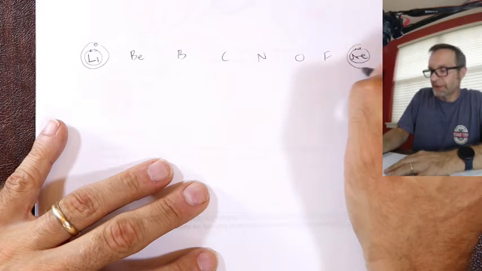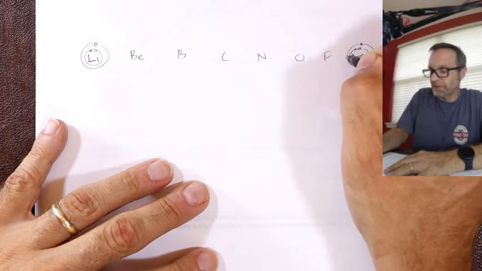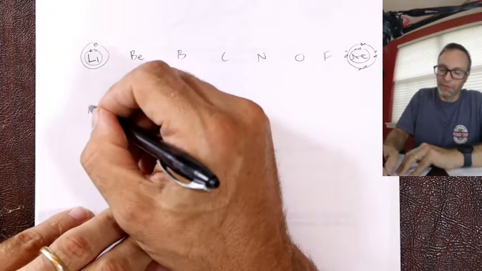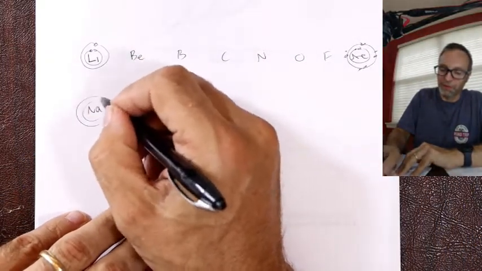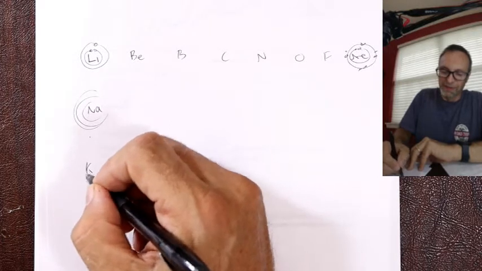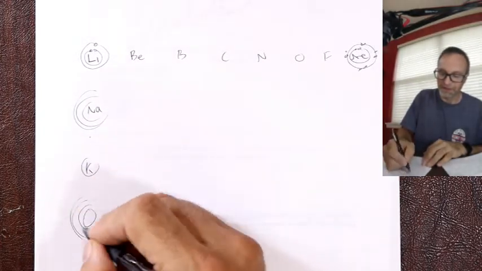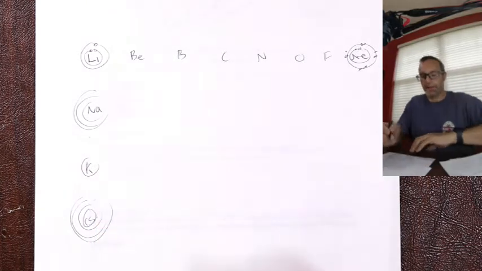You've seen this before. And then lithium, sodium, and I'm not going to draw all the electrons. They just get bigger and bigger, all the way down here. This is cesium or something down here, right?